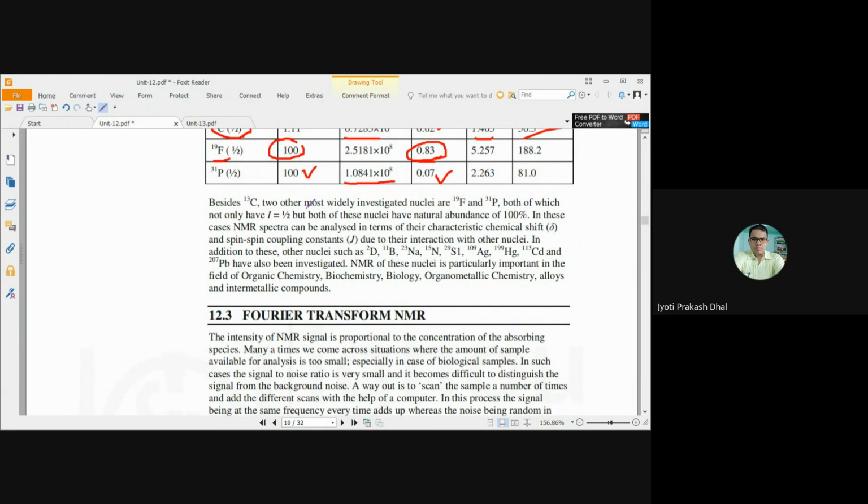Besides carbon 13, two other most widely investigated nuclei are fluorine 19 and phosphorus 31, both of which not only have I equals half, but also have natural abundance around 100%. In this case, the NMR spectra can be analyzed in terms of their characteristics, chemical shift, spin coupling, etc.